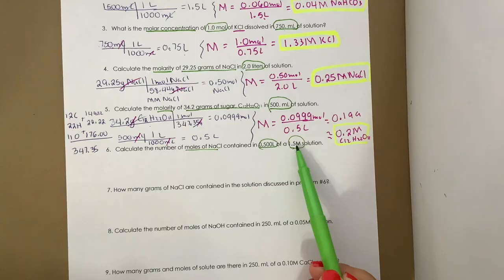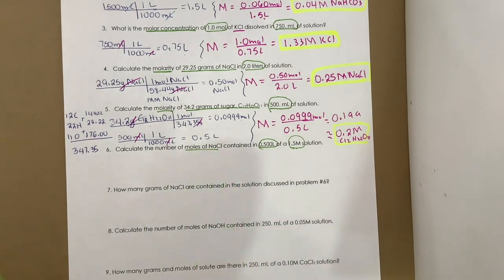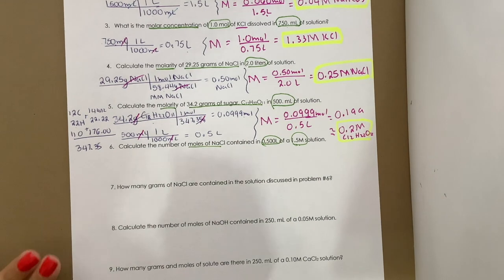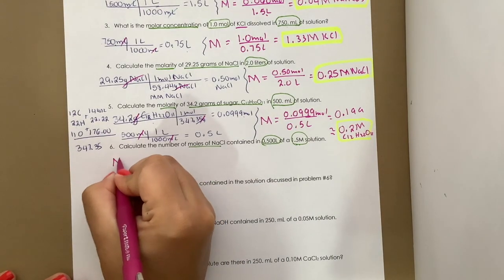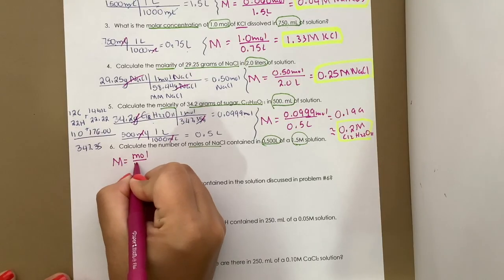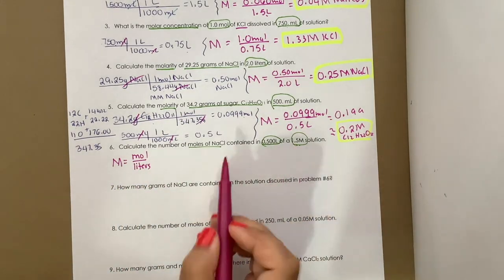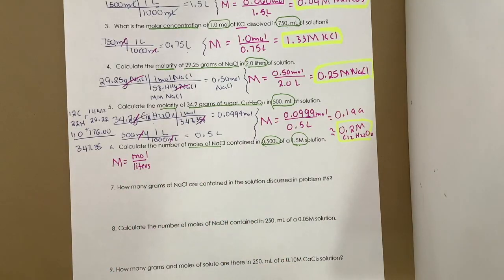They're giving us the big M, the molarity. They're giving us the liters, and what they're asking us for is the moles. So what I'm going to do here is first rewrite the formula. So molarity equals moles over liters. Okay, now I'm going to get my values that were given to me and plug them into this equation.